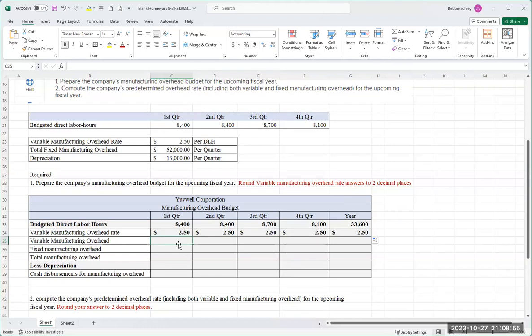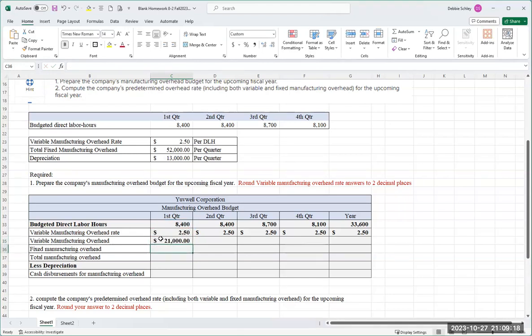Variable manufacturing overhead. So if I have the direct labor hours and I have the variable manufacturing overhead rate that is based on direct labor hours, remember? So now I just need to multiply the hours times the rate.